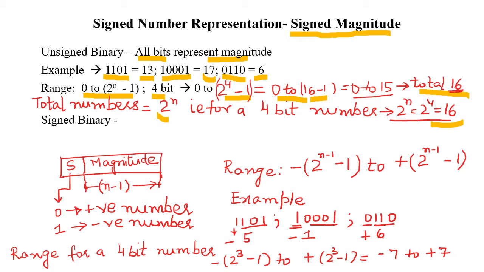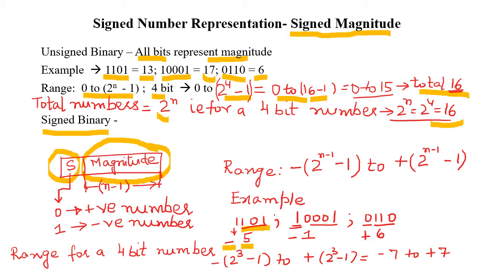Now, let us consider sign magnitude binary numbers. In sign magnitude binary numbers, the first bit represents the sign bit. The remaining bits represent the magnitude. For example, 1101. In this, 101 is 5, and the first bit is 1, which represents that it is equivalent to minus 5.